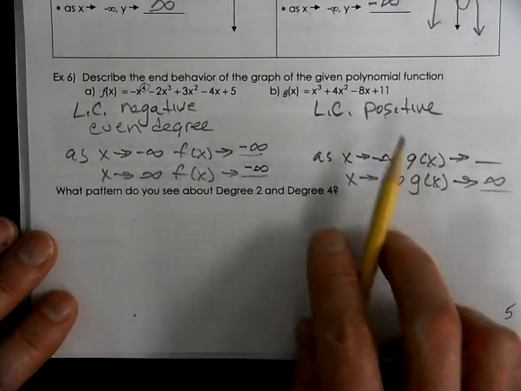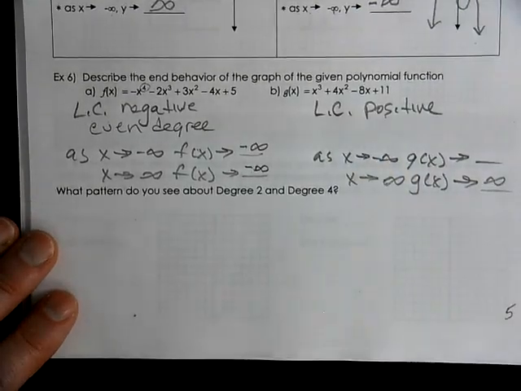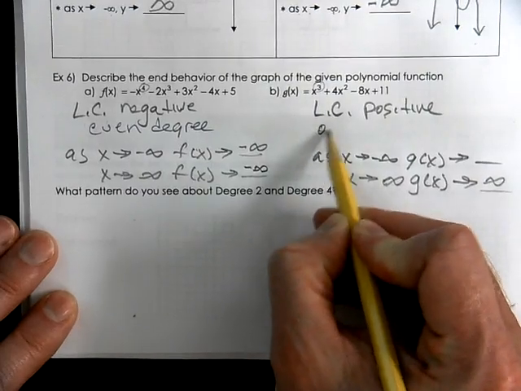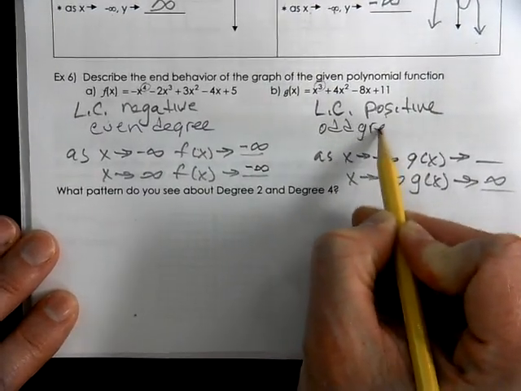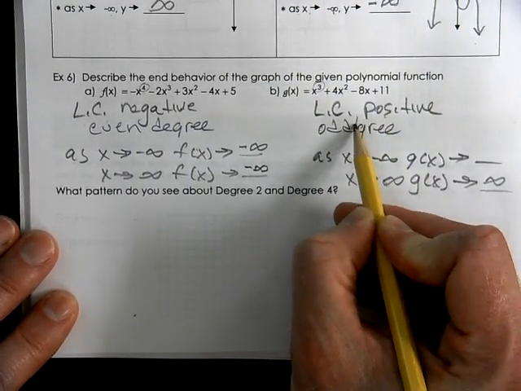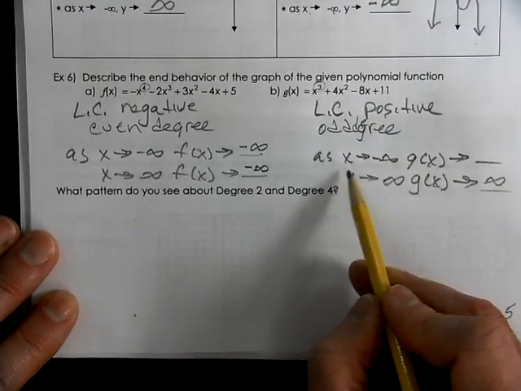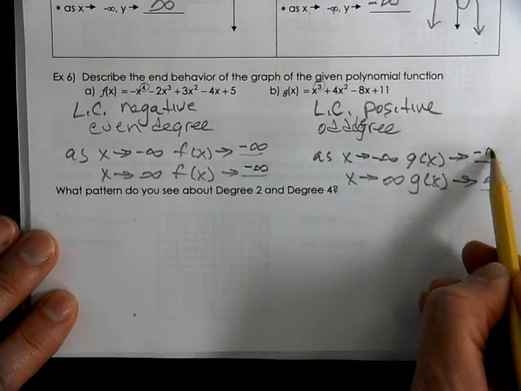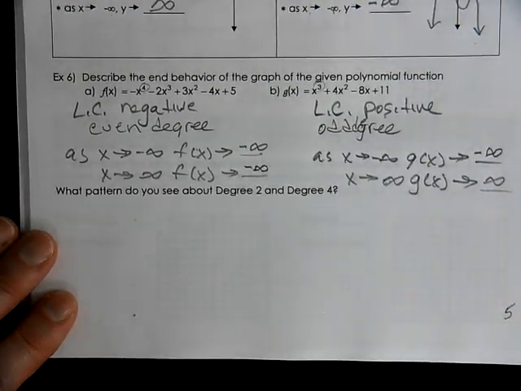And I know that strictly because it has a positive leading coefficient. Then if I look at my odd degree, odd degree is going to be going in opposite directions. Seem good?